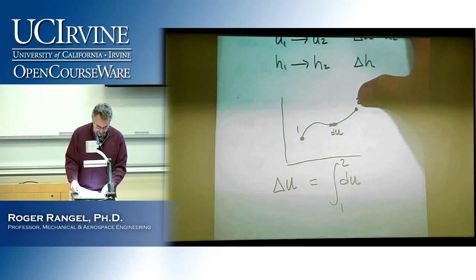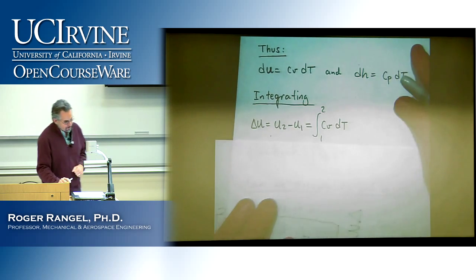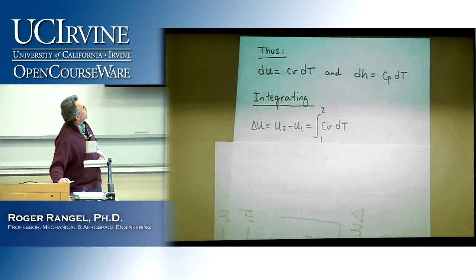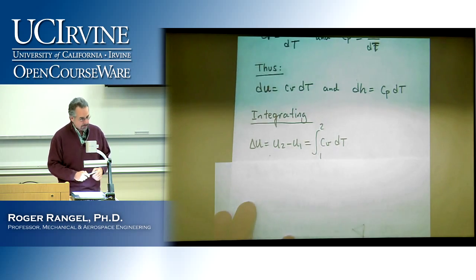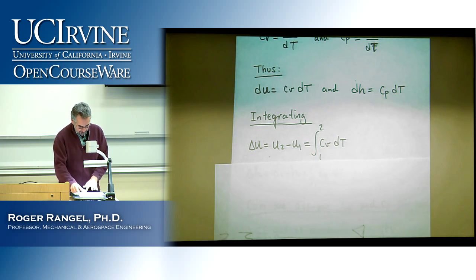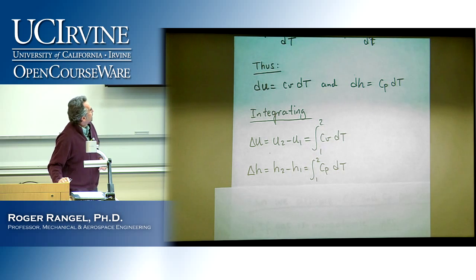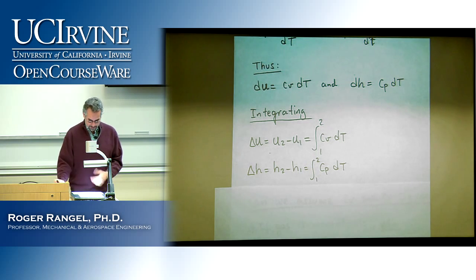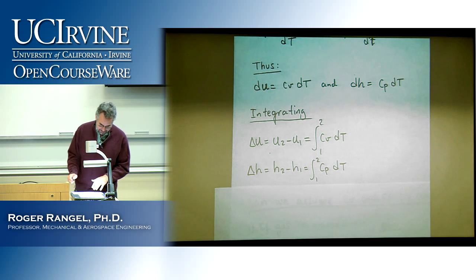So if we use that here, then of course we can write the following. Delta u, which is u2 minus u1, is the integral of du, but du is cv dT, so I can plug that in there. And I can do the same thing for delta h. Delta H, which is the total change in enthalpy, is the integral of the little dH, and that's of course Cp dT.